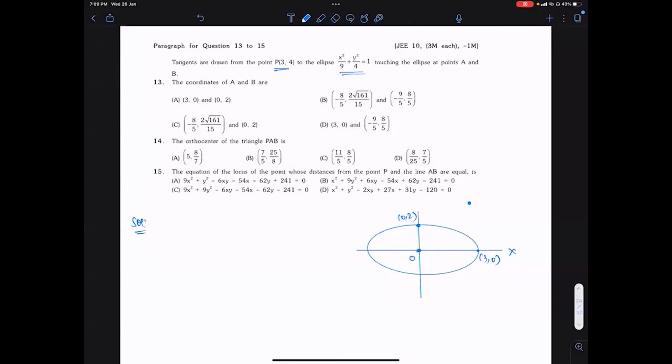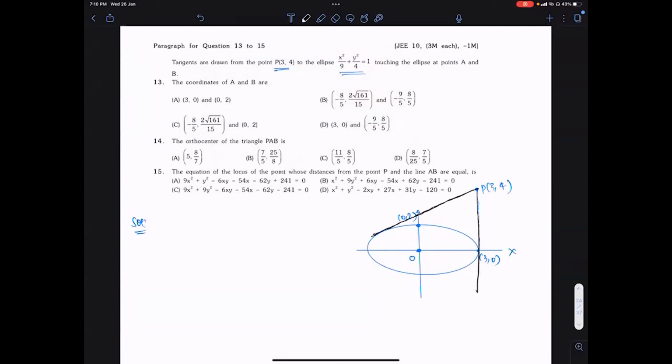Now from (3, 4), 3 is the same x coordinate as the end of the major axis. So 4 units up we are going. (3, 4) will be somewhere here. Now what they are saying, tangents are drawn from that point. Clearly you can see that one of the tangents will be this vertical line only. And the other tangent may look something like this.